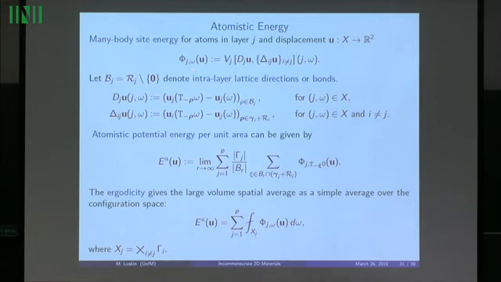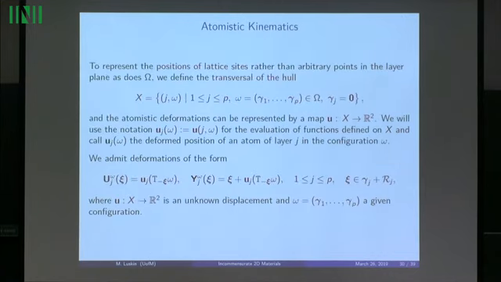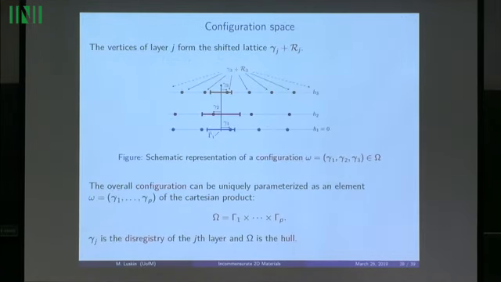So the site energy of an atom in layer J, with configuration omega. Let's pretend we're looking at layer 2. That means I want this to be the viewpoint, so move this line over here. So gamma 2 is 0.